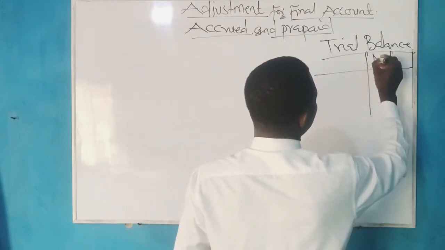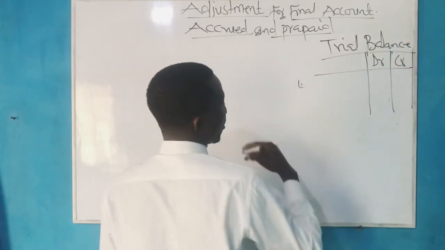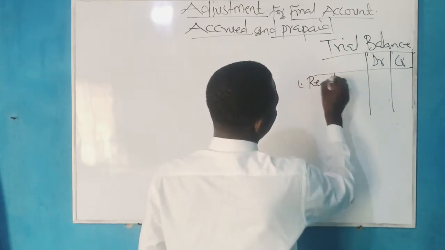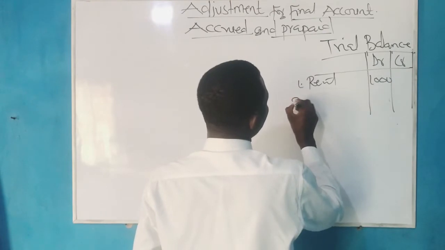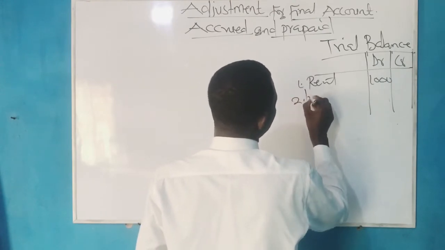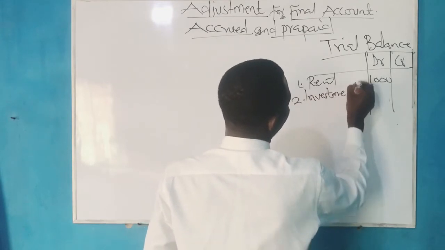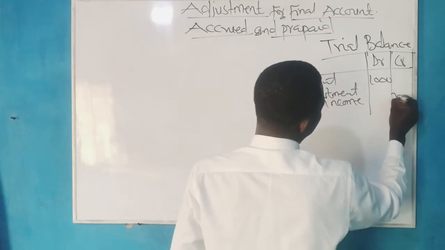We have our debits, we have our credits. We'll be considering rent, expenses, and income. So let's talk about rent. Maybe rent of 1,000 cedis. Then we are talking about maybe investment income of, let's say, 2,000 cedis.